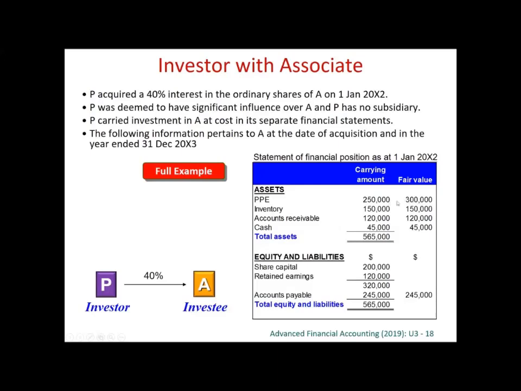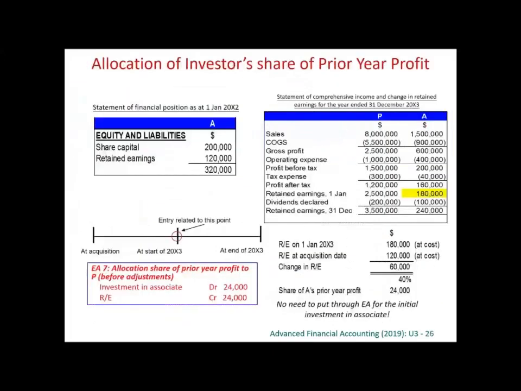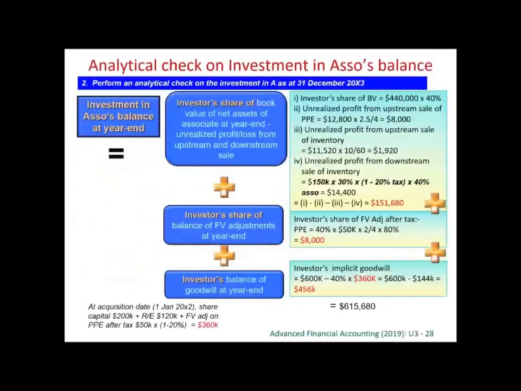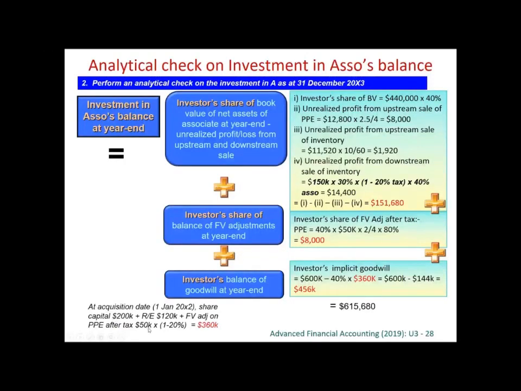Right? So this fair value increment of 50,000 is before we consider deferred tax. So after tax, this becomes 40,000. So therefore, the fair value of the net assets after we consider deferred tax liability will be 360. Right? 320 is the book value of the net assets. Fair value adjustment is 50,000; after tax, this becomes 40.